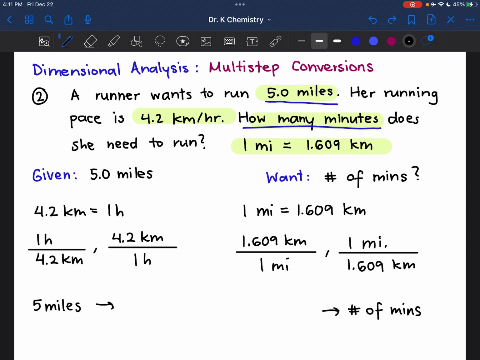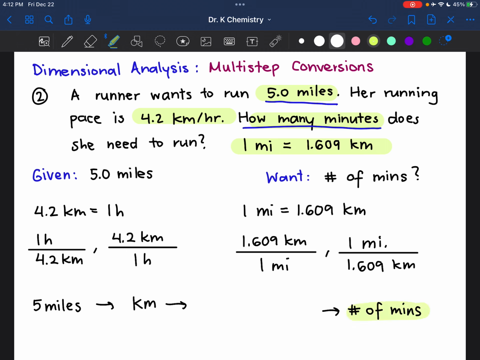There's no conversion that will directly take us from miles to minutes, but we do have some other information that can take us to places in between. So if I look at everything else that is given to me in the problem, I need to find something involving miles. And there is a conversion right here that takes us from miles to kilometers. So, okay, great. That will get us to kilometers.